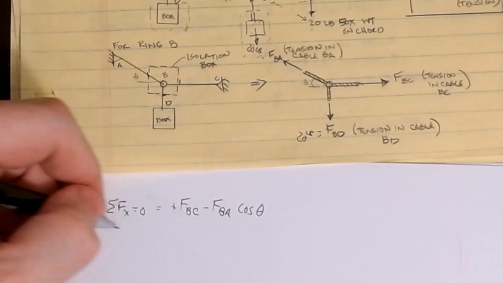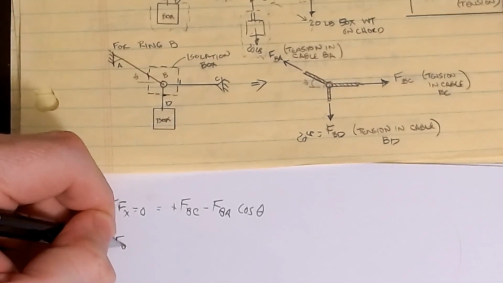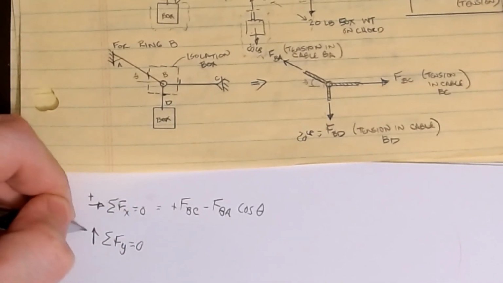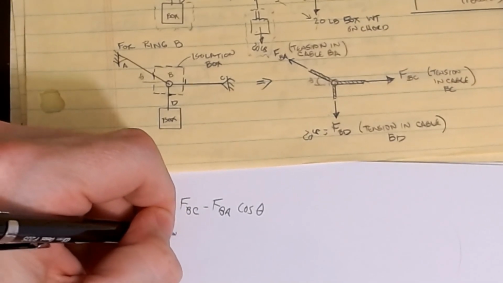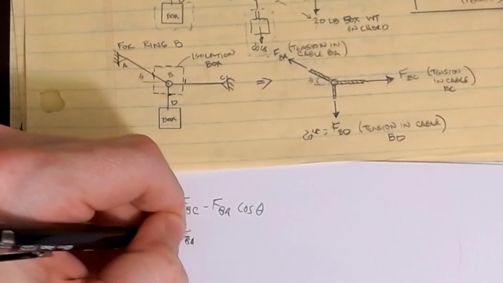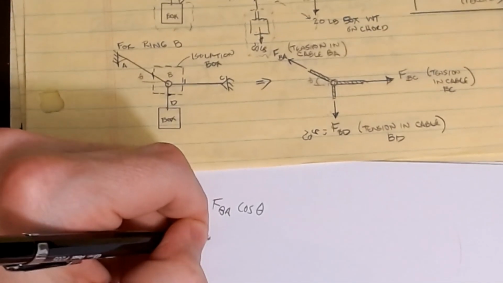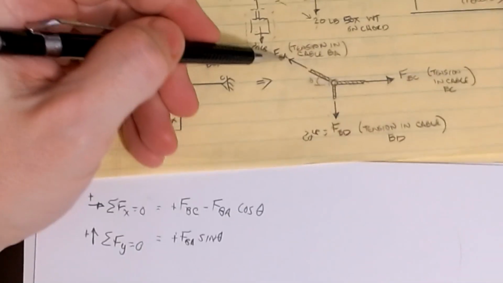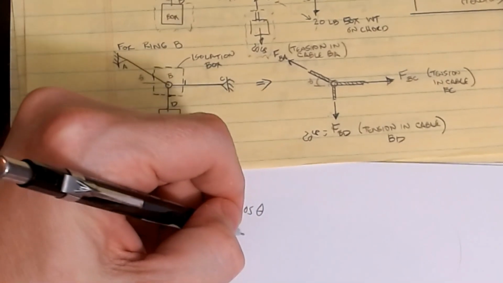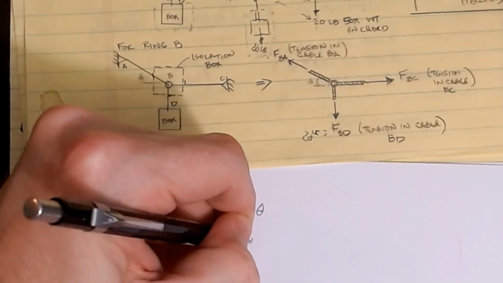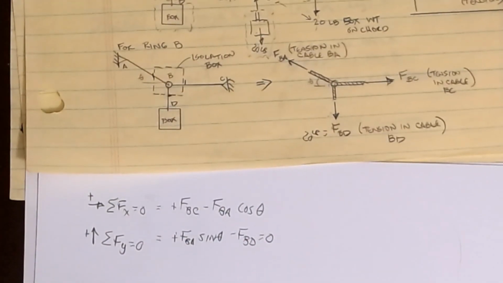And then sum of forces in the Y direction equal to 0, upward positive, would be a positive FBA times the sine of theta. So that's the vertical component of this guy, the piece that's acting in my Y direction, minus FBD, all equal to 0.